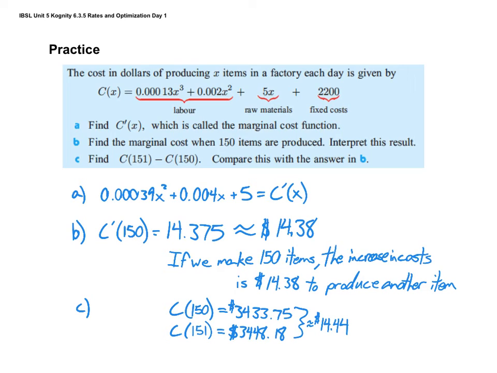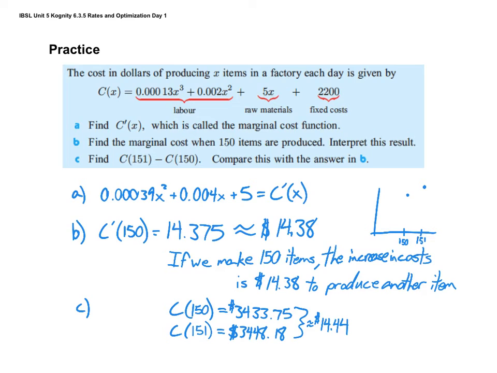So, to illustrate the idea that we've got there between average and instantaneous, I'll just draw it real quickly here. Here are our 2 points, and I'm going to zoom in a whole lot. So here's 150, here's 151.